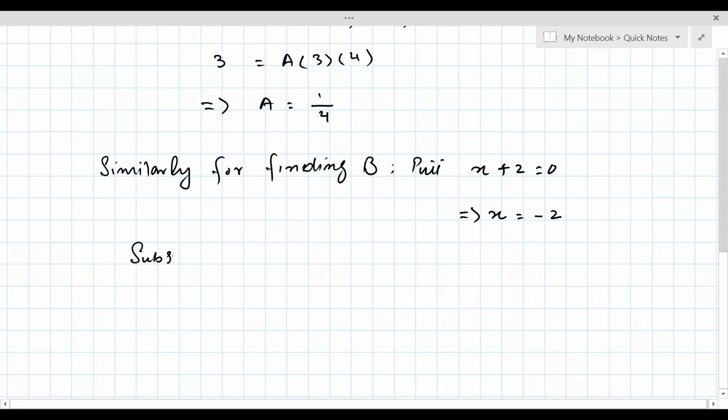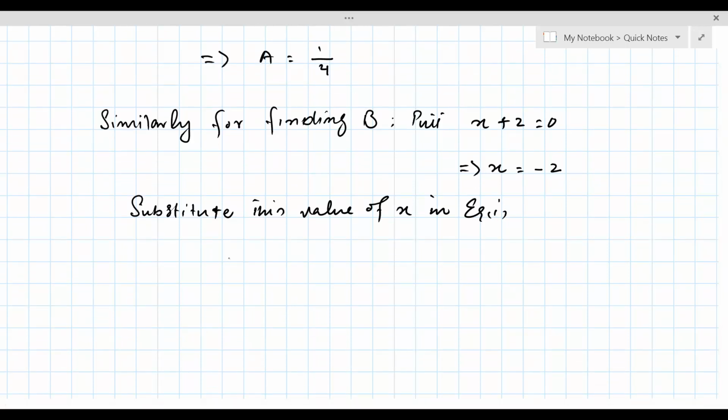Substitute this value of x in equation 1 again. And what is that equation 1?